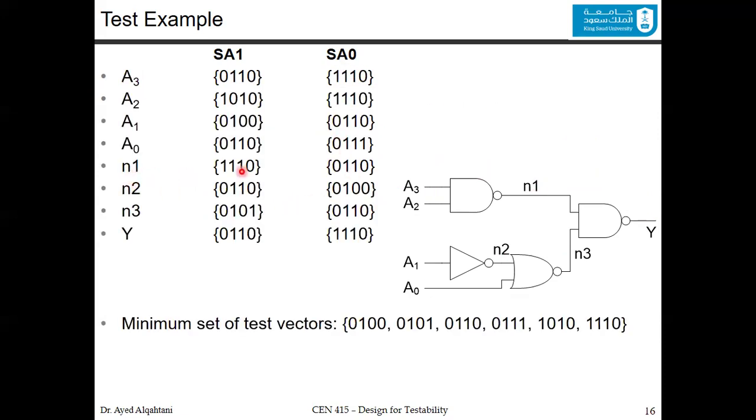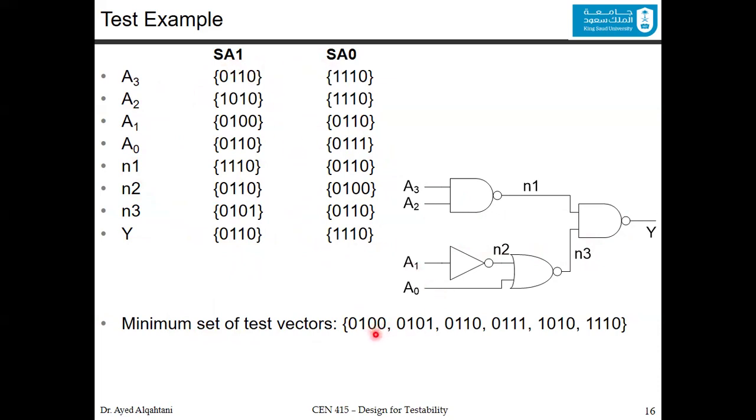Basically, for N1, we chose 0, 1, 1, 0 for stuck at 0 and 0, 1, 1, 1 for stuck at 1. We similarly did the same for the 4 inputs and for nodes N3, N2 and N3, N2 and N3, and also for the output. And from these test vectors, we get the minimum set of test vectors to cover all of the stuck at faults.